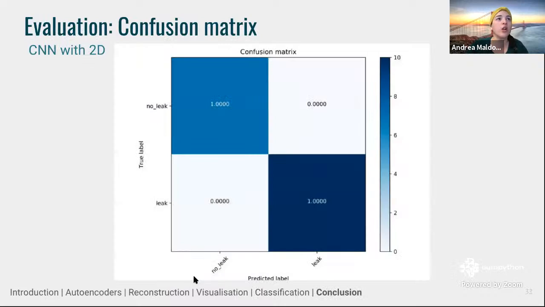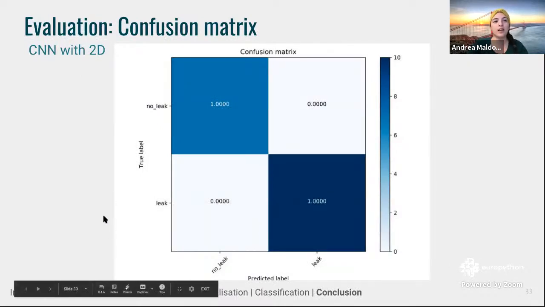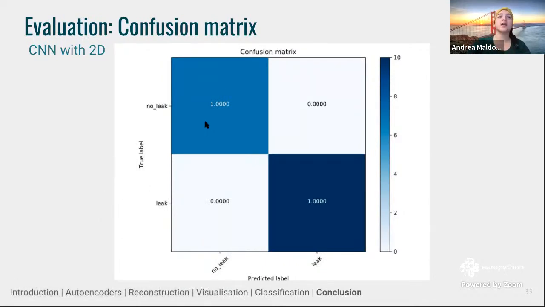How we did overall, here is a confusion matrix. You might already know this kind of matrix, but in a perfect case, whenever our autoencoder said there is no leak, the true label was also no leak. So 100% of the cases are right in this regard, is what you see here.